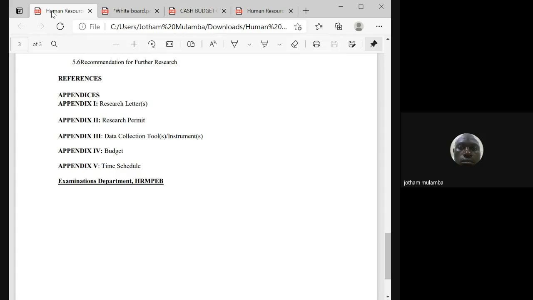How long will it take you to sort out and analyze the information there? Then after analyzing, come up with the reports. You have to tell us how long that is going to take you, so that as we give you authority, we can tell you if it's realistic or not. So once you have that document with that content, then you can be given a letter of authorization. You can be permitted to conduct the research study.